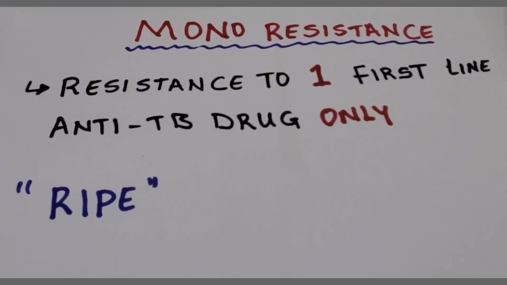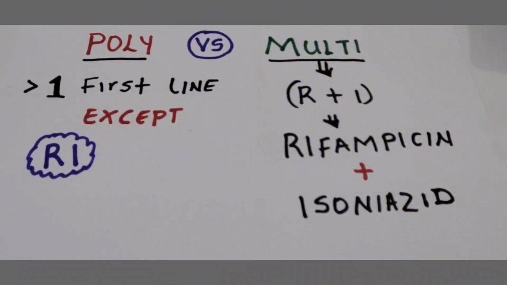And we know the first-line anti-tubercular drugs can be remembered using the mnemonic RIPE, where R stands for rifampicin, I stands for isoniazid, P stands for pyrazinamide, and E stands for ethambutol. So in any situation wherein a patient is resistant to only one of these, then we can refer to that as monoresistant TB.